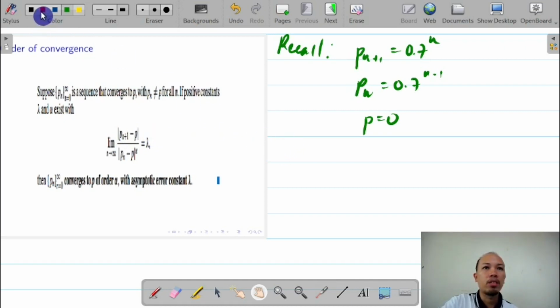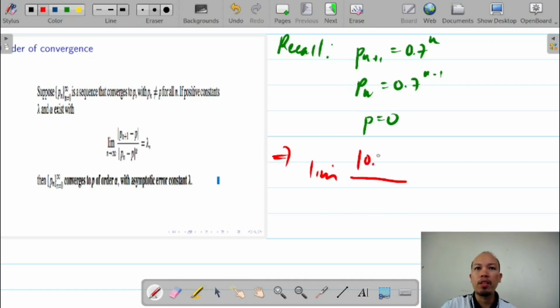So let's try the limit of p sub n is 0.7 to the n minus 0, and the denominator is 0.7 to the n minus 1 minus 0 as n approaches positive infinity.